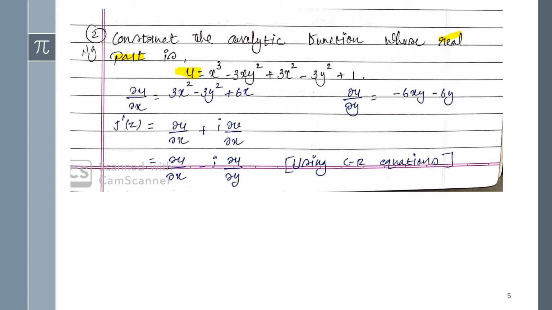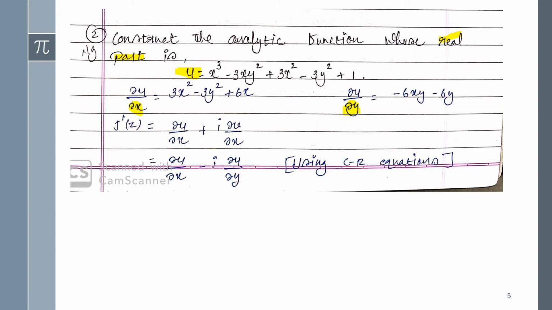So for that, first you need to find two components, u with respect to x and y. So here I have found it with respect to x as well as with respect to y. Okay. And now in the second step you have to apply f dash z.